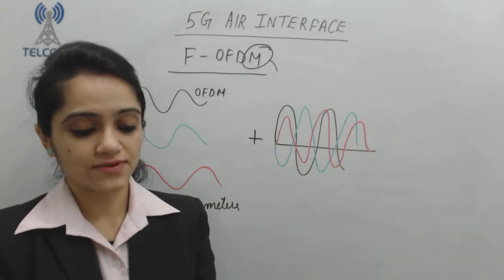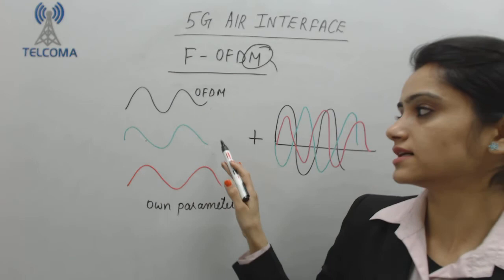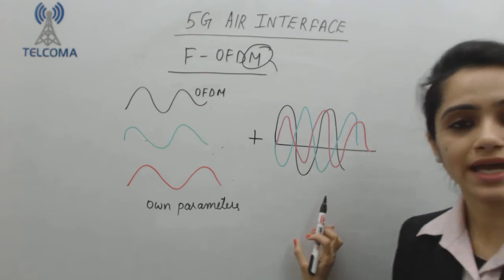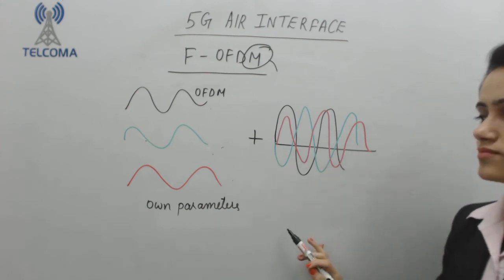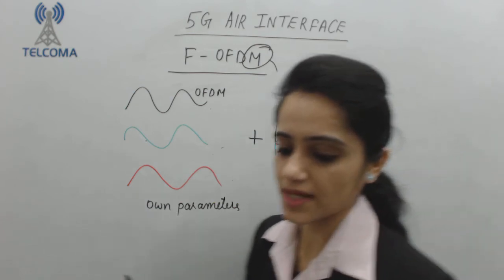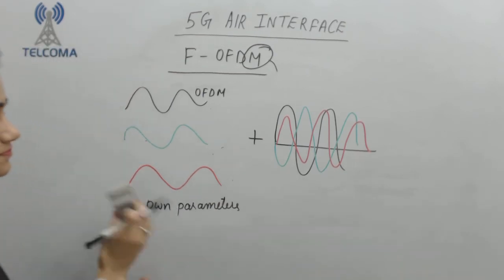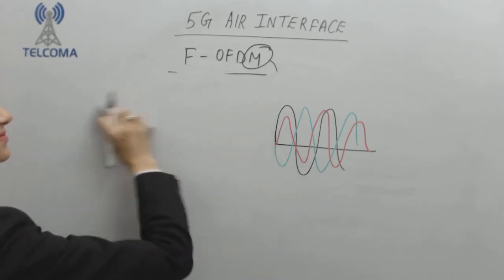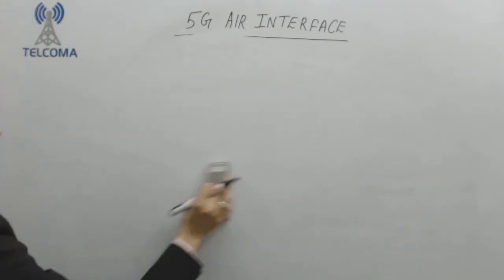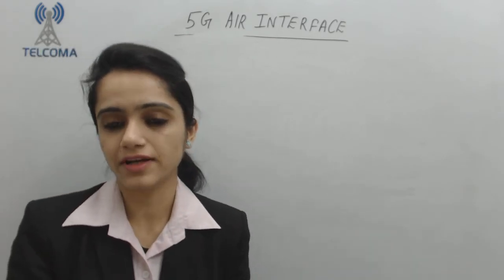So what is there in this filter? I am having three waveforms: black, green and red. These three different waveforms are combining together. So I have a coexistence of waveforms with their own parameters in a single unit, which is the filtered OFDMA concept. I will explain this with the help of one example. Like I have three subband filters.